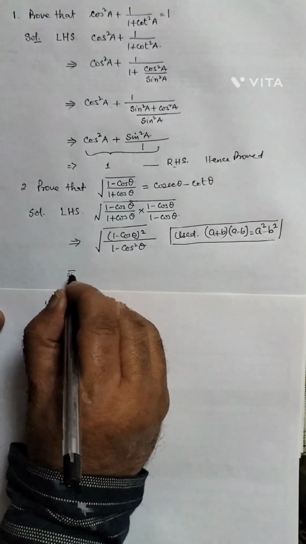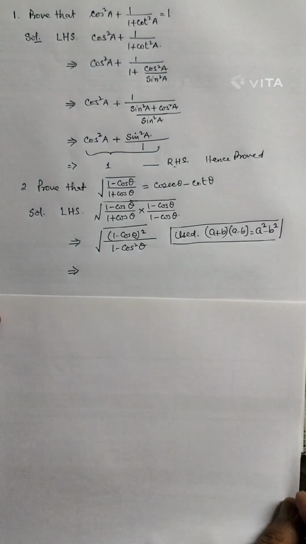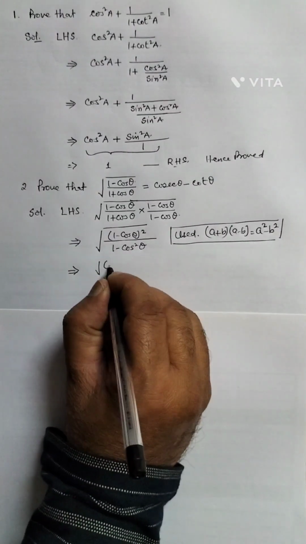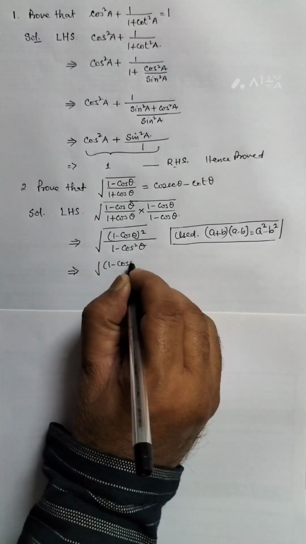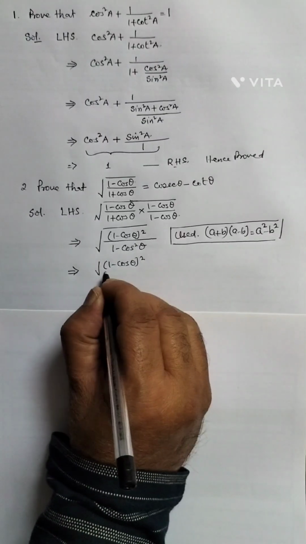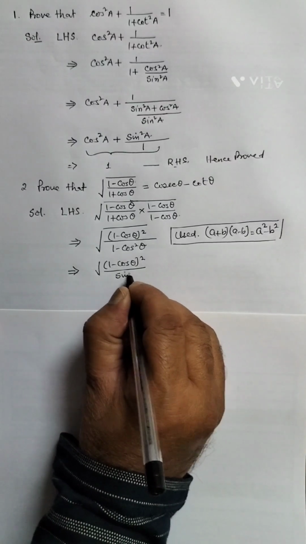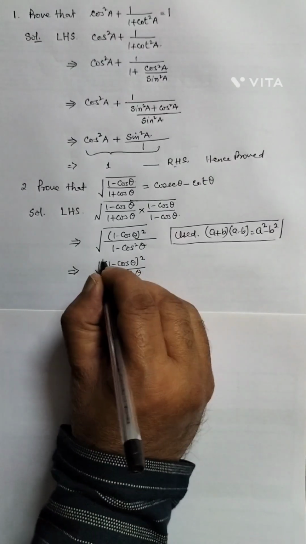Now the next step, we can write this numerator as 1 minus cos theta the whole square, and 1 minus cos square theta is nothing but sin square theta.